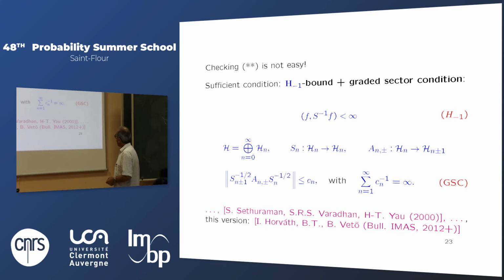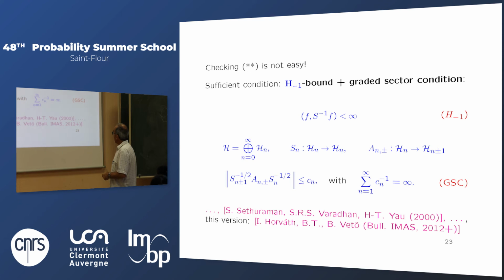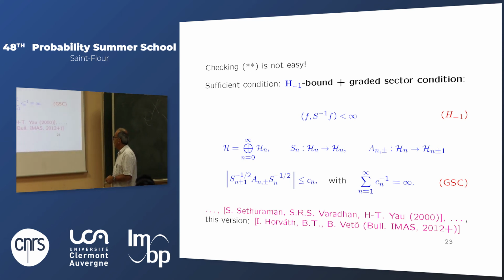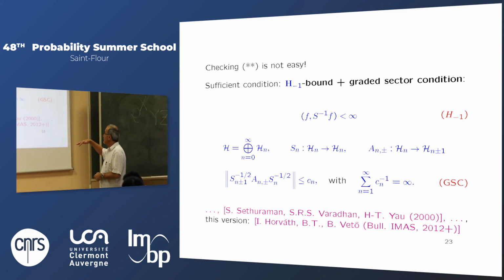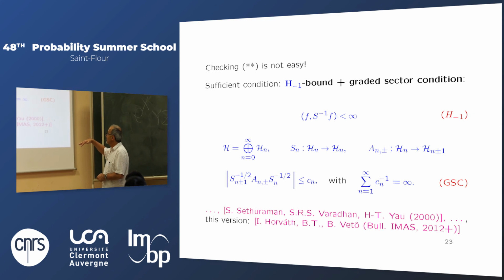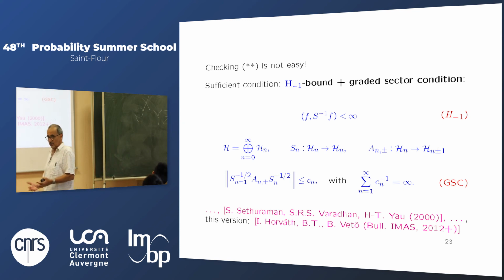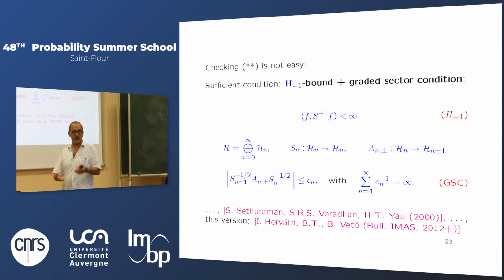Anyway, what I need to control is a bound on the norm, in this space I speak about, of the Laplacian to the -1/2, this raising operator, which consists of a gradient and a raising operator, and the Laplacian to the -1/2 applied again. This gives an explicit formula in this particular case, an explicit computation.